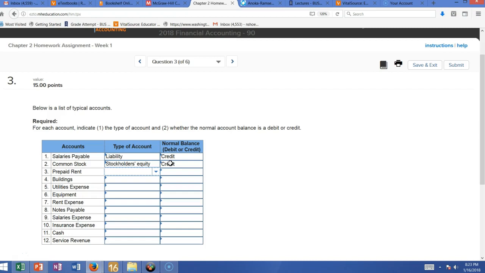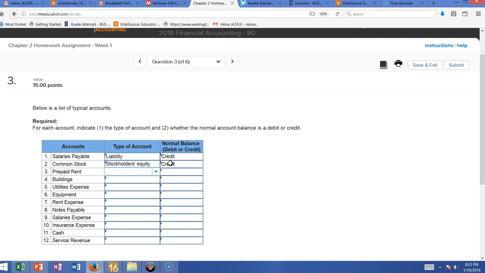But what we're trying to do now is help you start comprehending, by going through a series of transactions, how we measure based on the account and what account would fit a certain transaction.